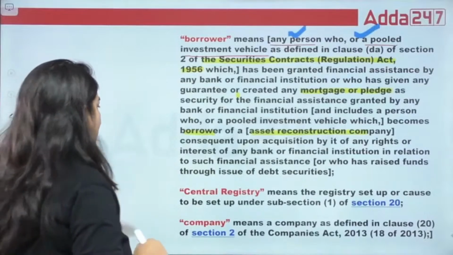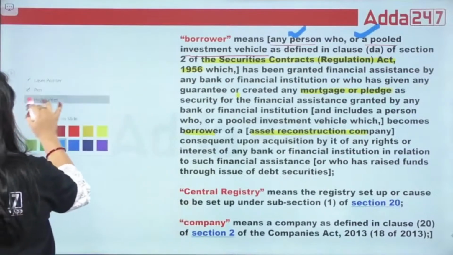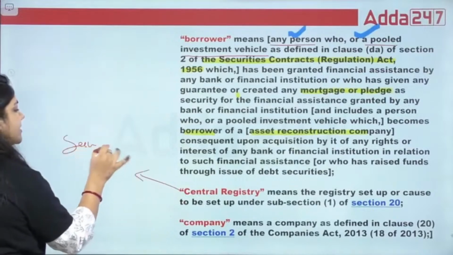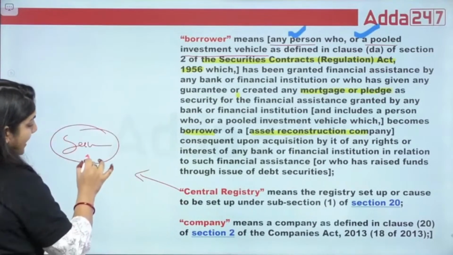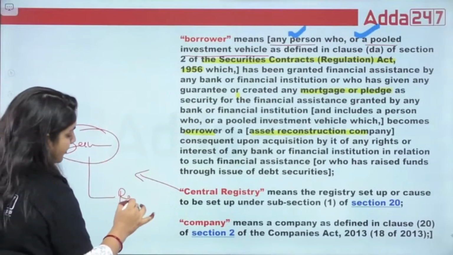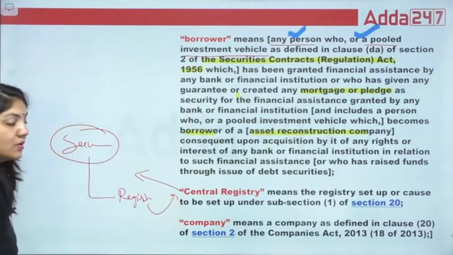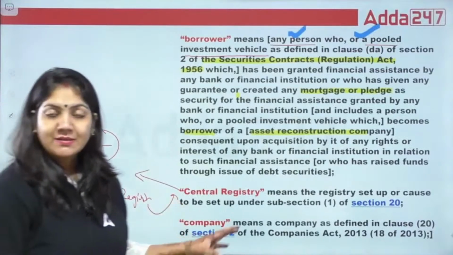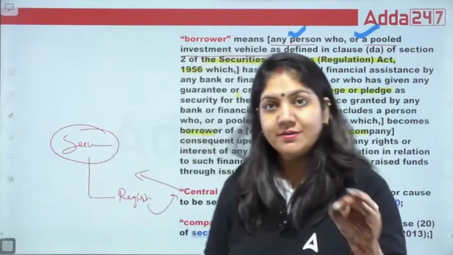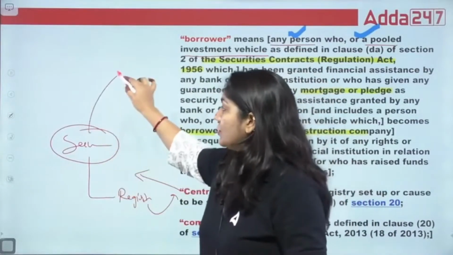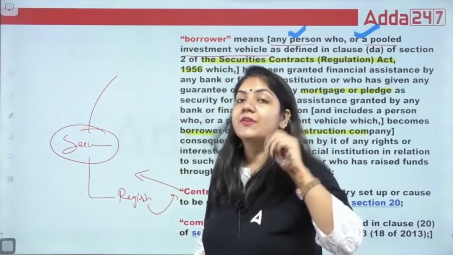Okay. What is central registry? Central registry means whatever security is given by the borrower, that security has to be registered by the central registrar. What is the reason behind it? The central registrar will register the security so that the borrower cannot use that security for other purposes.